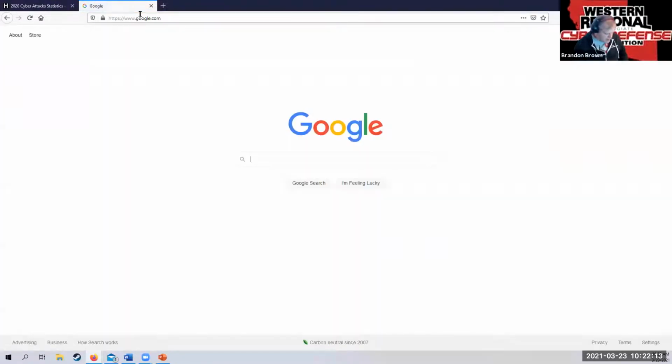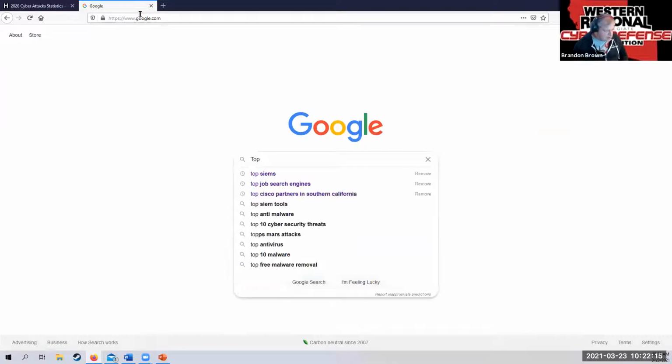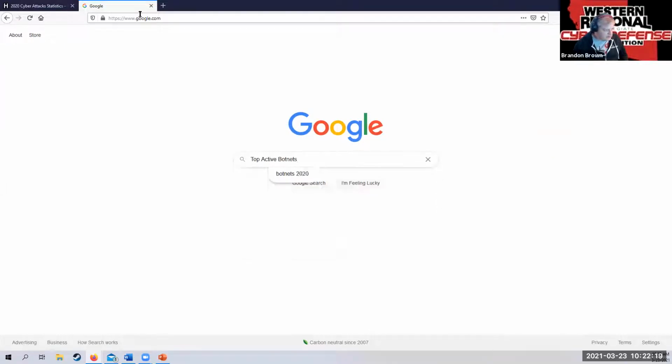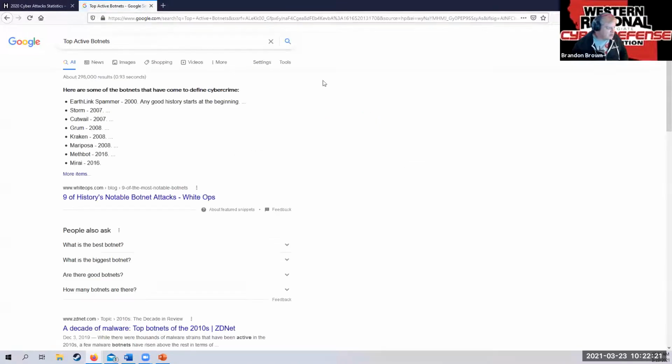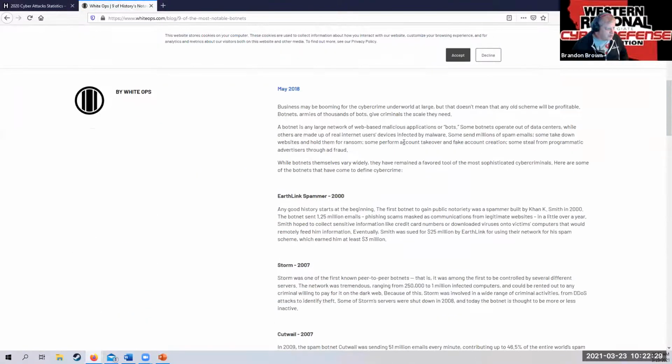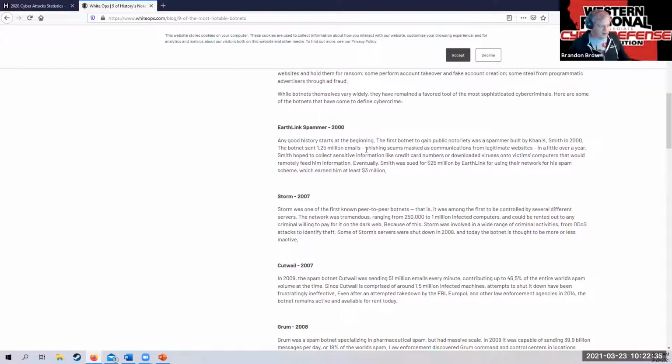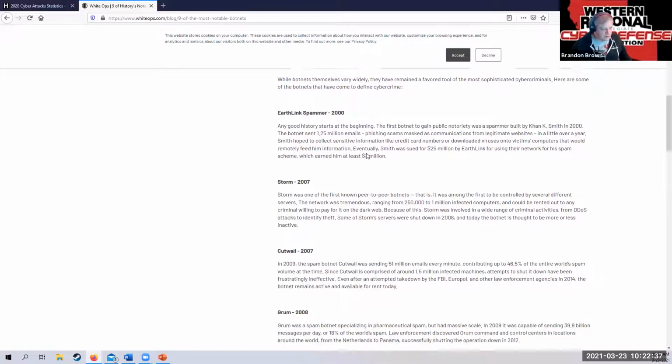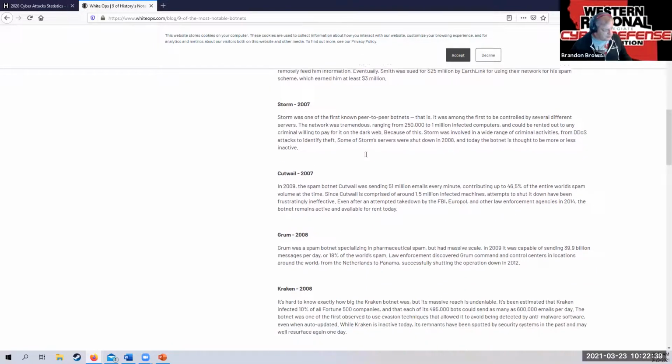And a quick little search on top active botnets. White Ops has a good white paper on this. They go all the way back to like the year 2000 when we were still on dial-up.